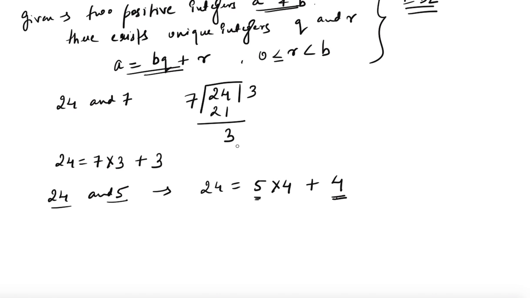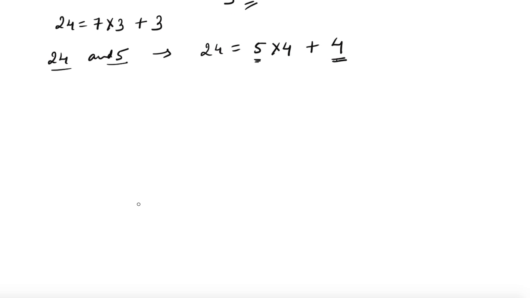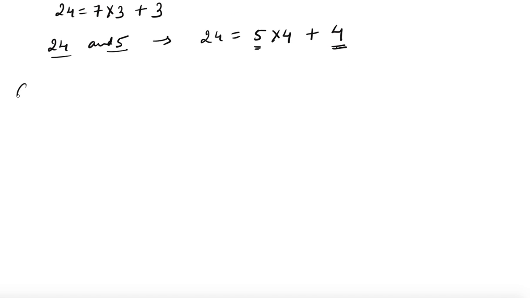This is the concept of division. This is the division process that we have been learning till now. This is our remainder, this is the quotient, this is the divisor, this is the dividend. Only the thing is, we are writing it in a statement form, in the form of Euclid's division lemma. Now the question arises, how to use this to find the HCF of two numbers? That we'll see in Euclid's division algorithm.